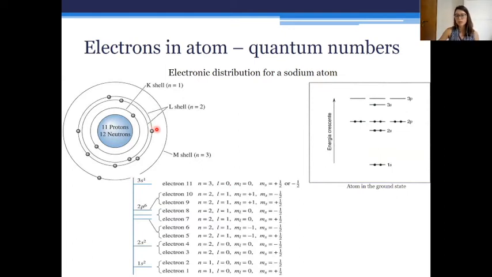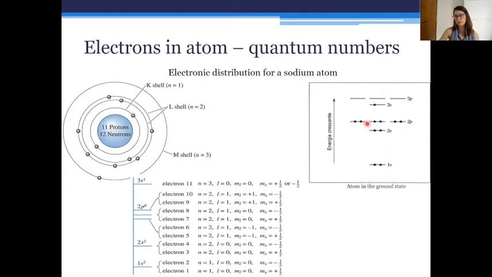But now it will be much more convenient to represent it as on the right figure on this slide, showing the energy increasing and showing the different shells and subshells that have different energies, and the electrons placed on the subshells, okay? Knowing that in the case of the 2p subshell, we will have three orientations.